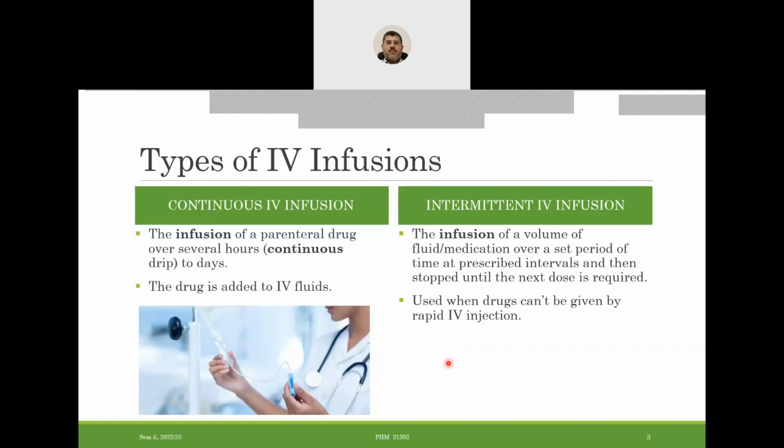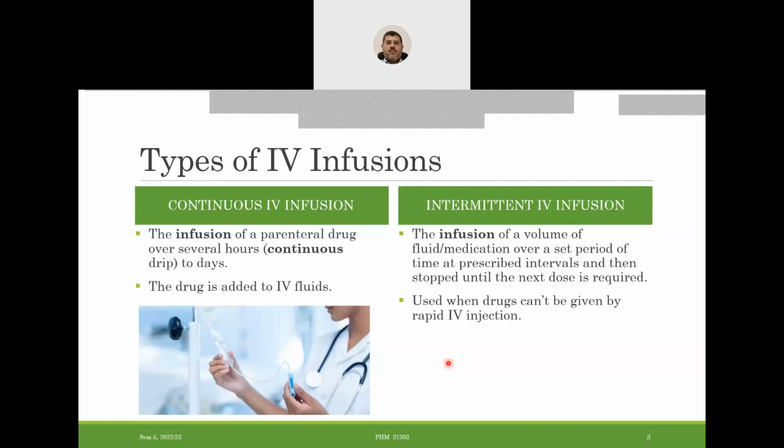The instructions for use will be to give this drug, for example, as a 30 minutes infusion or as a 1 hour infusion. It means that you have a certain volume of drug in an IV fluid, for example, 0.5 liter. You have to program the pump or adjust the dripping rate so that this 0.5 liter will finish in 1 hour if you want it to be 1 hour.